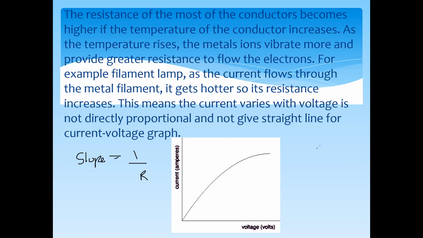As we increase the voltage, the charges have more collisions. What does it result in? It results in an increase in temperature. An increase in temperature will increase the resistance. So when the resistance increases, what happens to the slope? The slope will decrease.